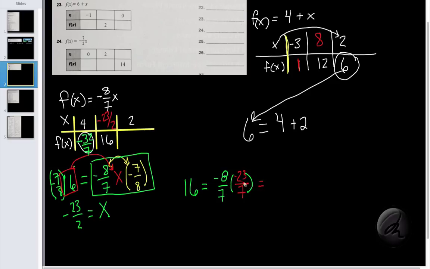Okay, so this one's going to be quite tricky. So 7 times 7 is 49. And then 23 times 8, and they're both negative numbers, so this number is going to be positive. I'm going to do my multiplication here. Okay, so it looks like that's what that would be.